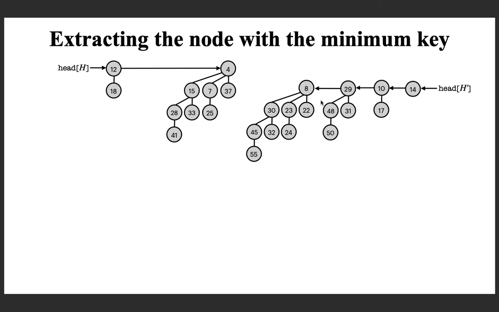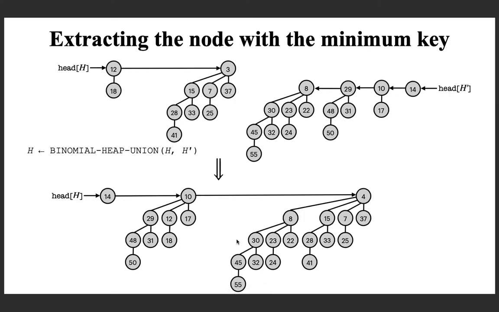So you do that, and after that you combine these two binomial heaps using the binomial heap union procedure, which will give you the required binomial heap. You can verify that this is a binomial heap satisfying the min heap property and does not contain the minimal key node, which was 1.